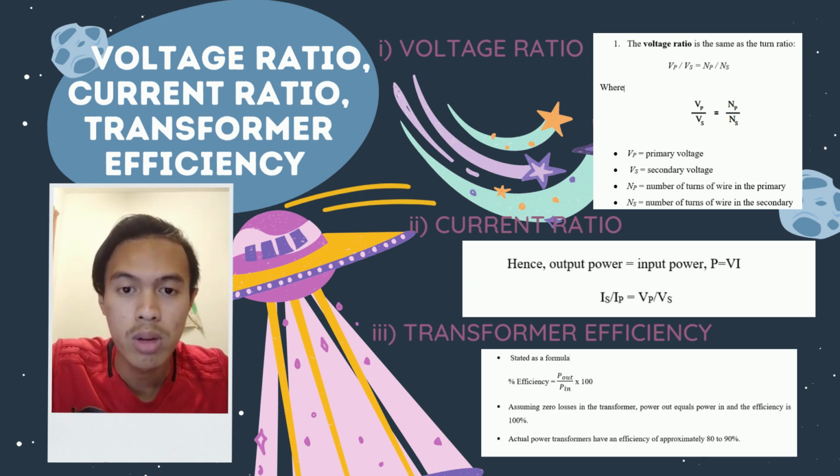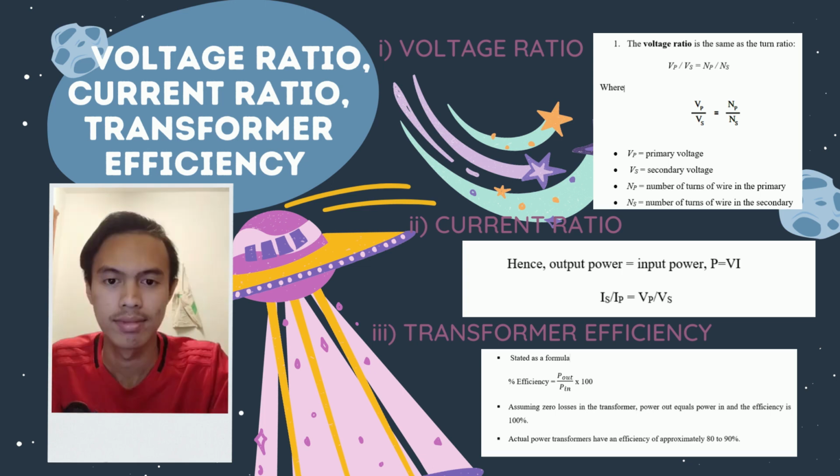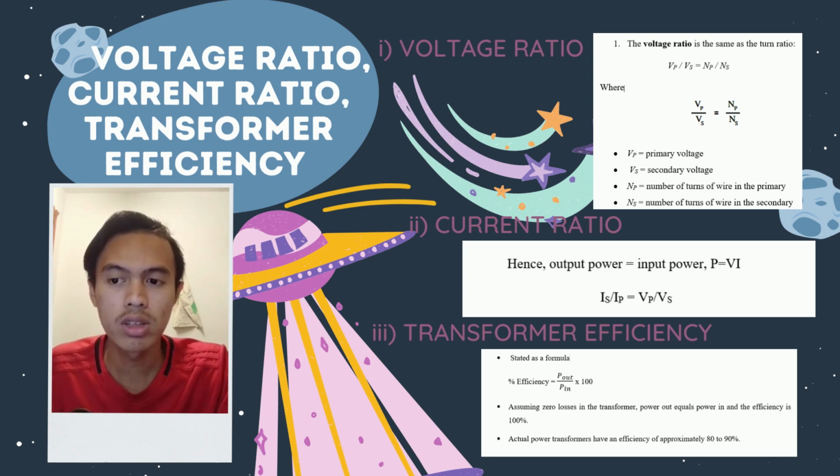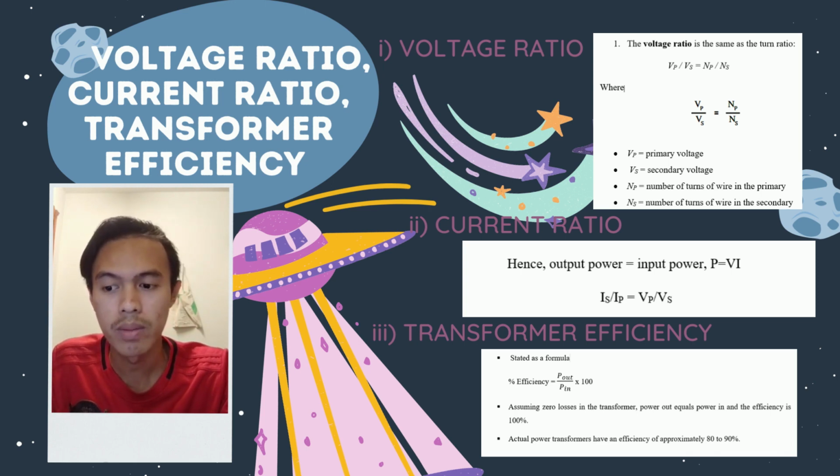So when the transformer efficiency is 100%, the power at the primary equals the power at the secondary. Power rating refers to the secondary within a real transformer. Next, the current ratio is the inverse of the voltage ratio. The secondary does not generate power but takes it from the primary. The current step up and step down is in terms of the secondary current, which is determined by the load resistance across the secondary voltage.